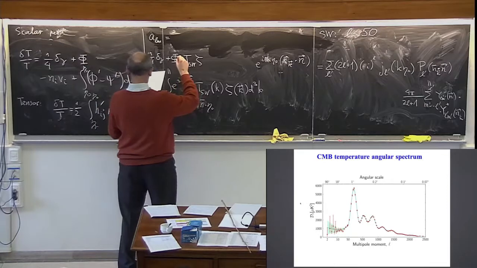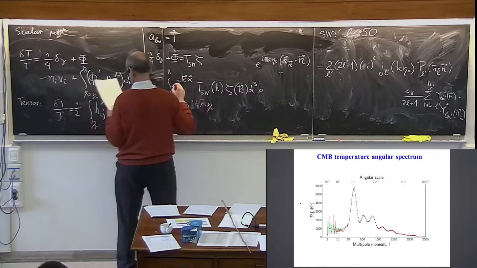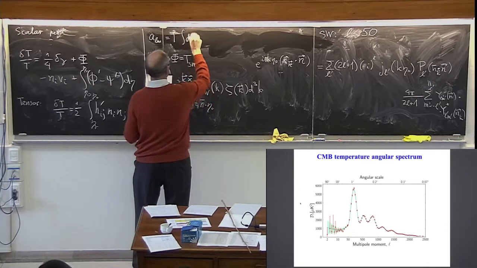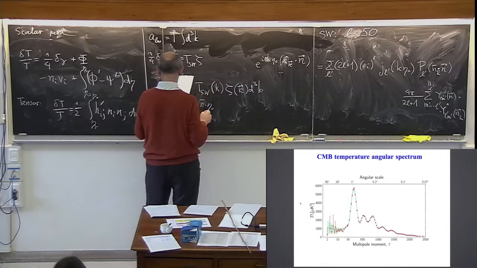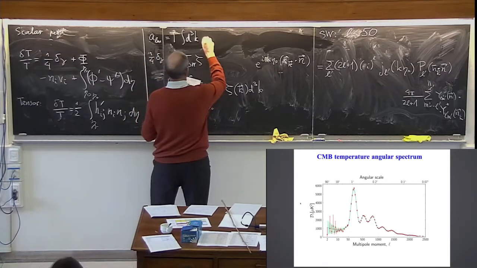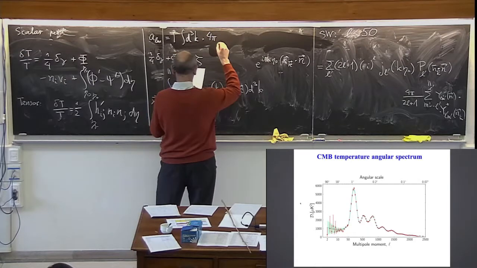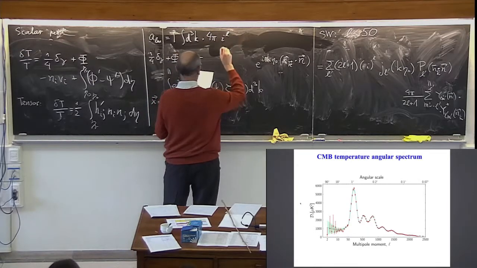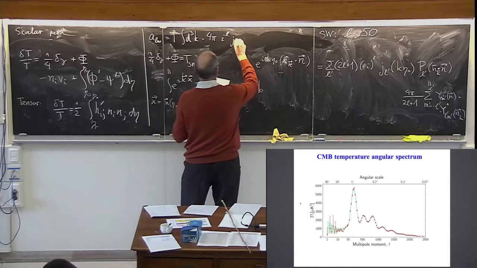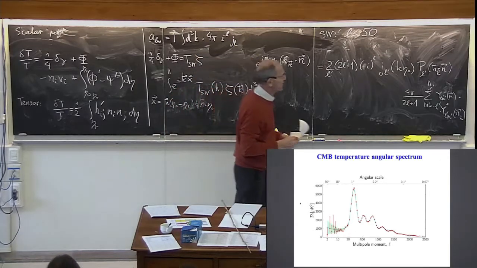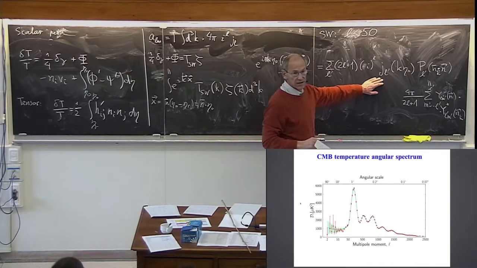a_LM is, well, first of all, you have temperature T, because this is delta T over T. Then there is this remaining three-dimensional integral over dk. Now 4 pi i to the L, j_L, and these j_L are spherical Bessel functions, right? You know this notation.